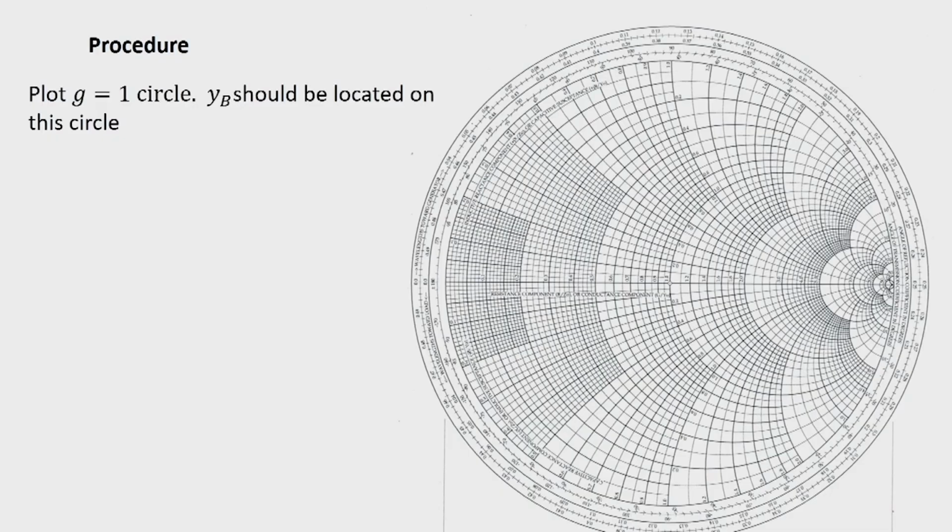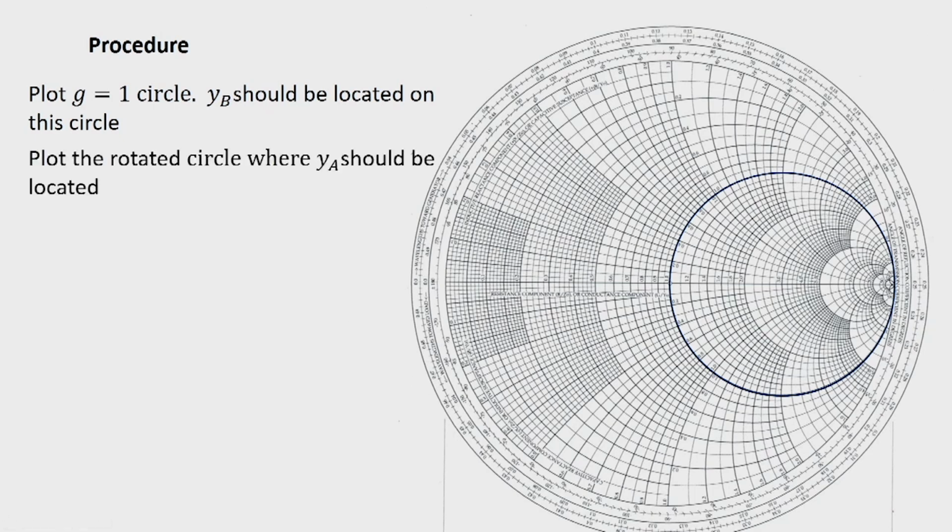We plot g is equal to 1 circle and yb should be located on this circle, because after matching we require yi equal to 1. Plot the rotated circle where ya should be located.